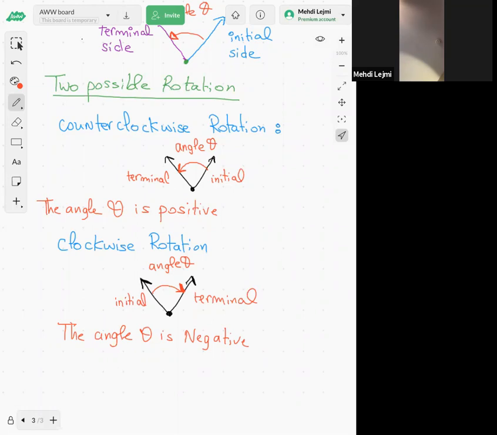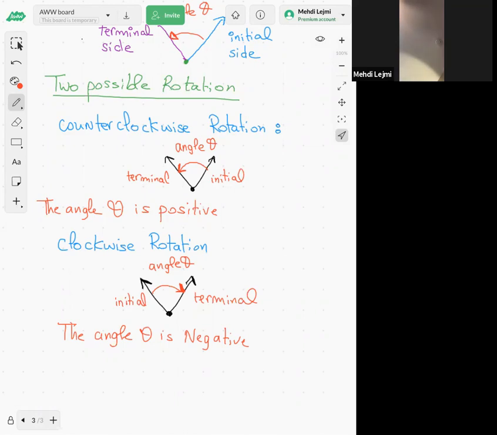Okay, so how do we measure angles? Which units do we use to measure angles? Well, there are two main units to measure angles. You have degrees, and of course, radians, right?